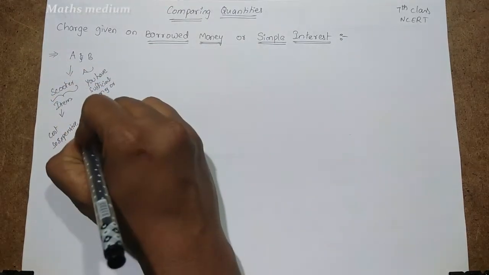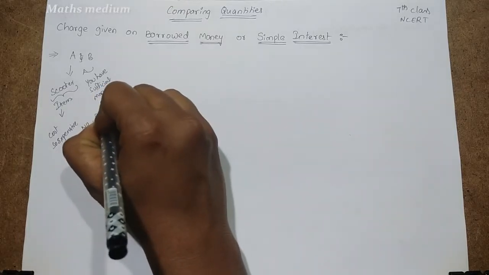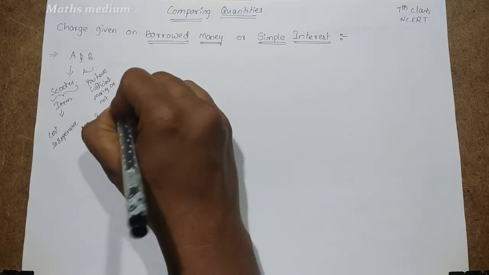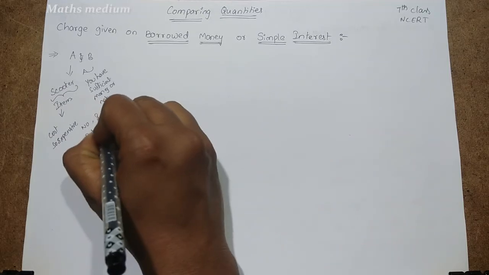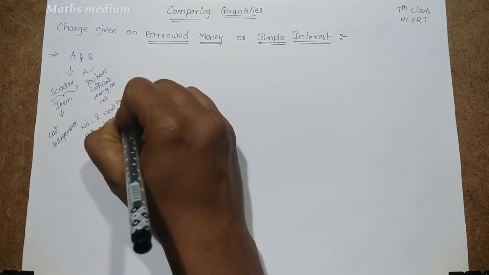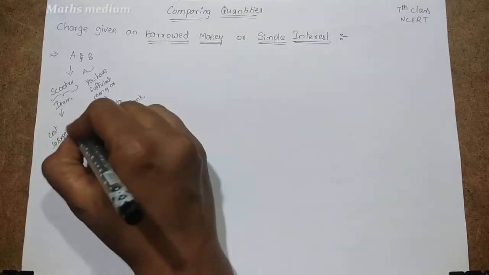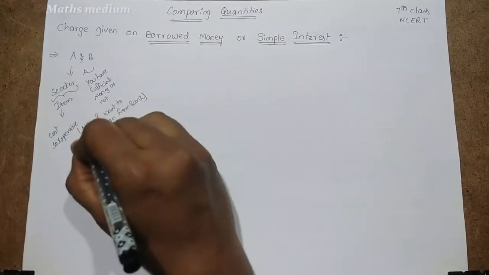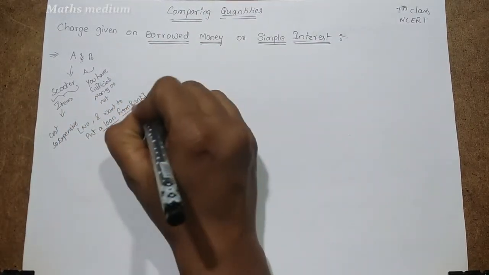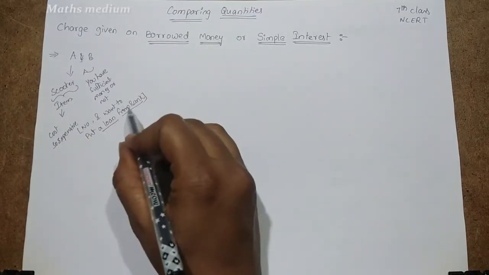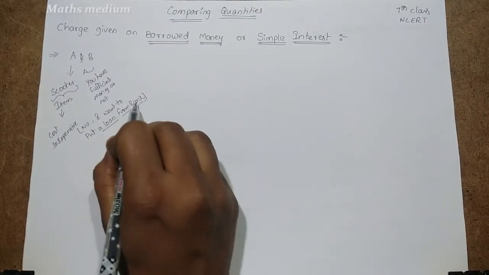A said, no, I want to take a loan from a bank or any person. Let it be X also. So here, a loan from the bank. What is a loan from the bank?